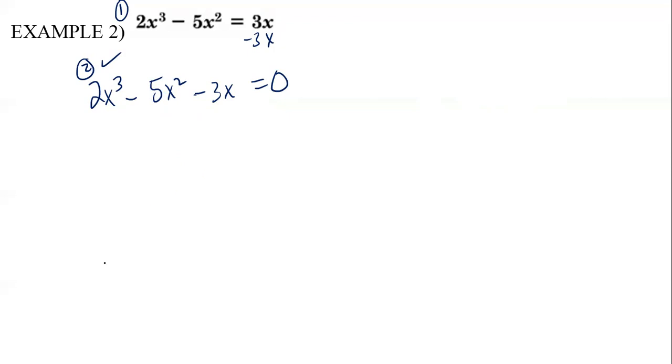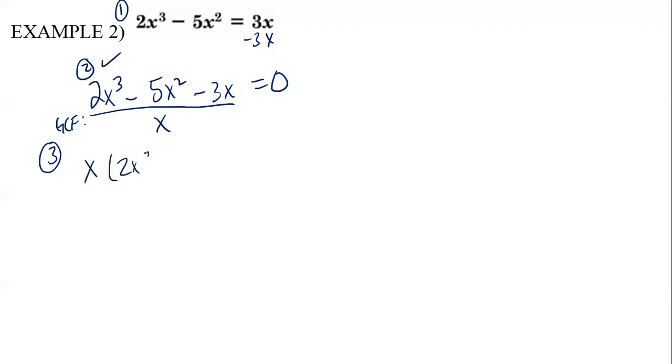And then step 3 is where we use our previous knowledge of factoring. So first thing I should do based on previous knowledge of factoring here is what? Take out an x. So take out my GCF, right? My GCF is x. So I factor out x.